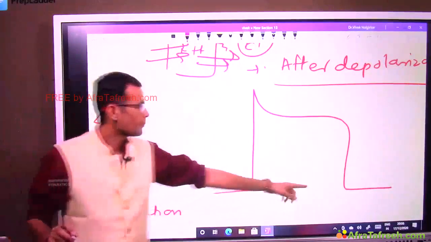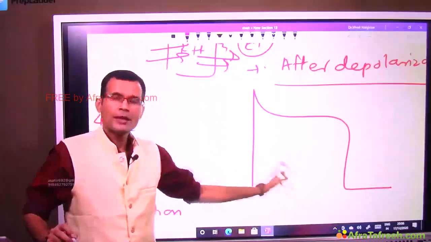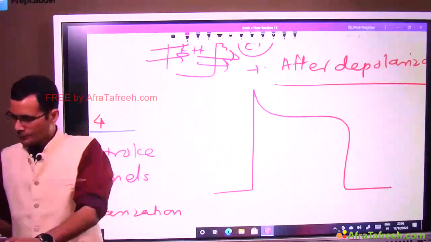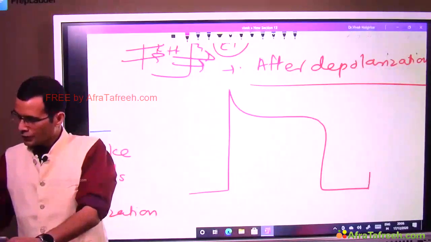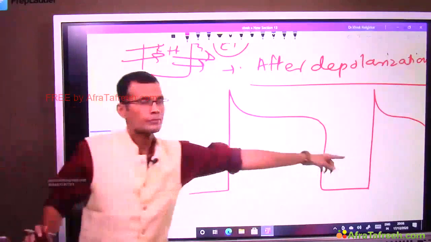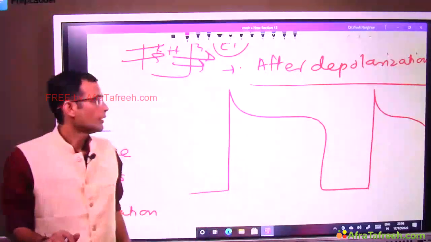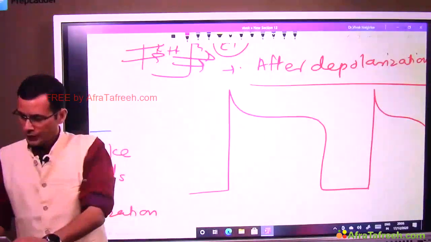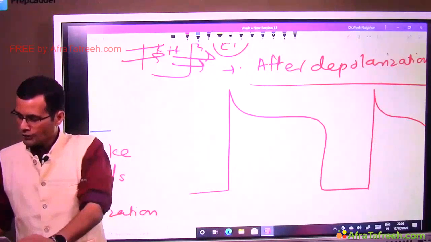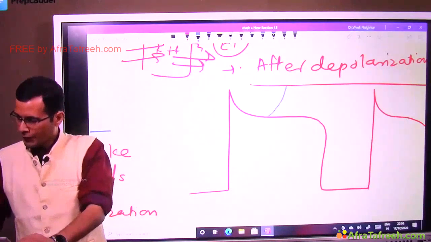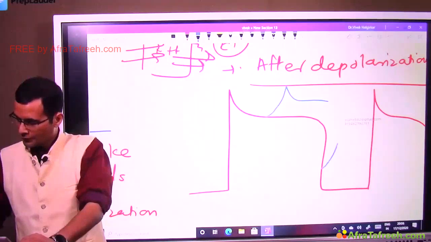Suppose this is a normal action potential of the Purkinje fiber, and the second depolarization should have come here. But suppose that the second depolarization occurs at this point of time, or over here.